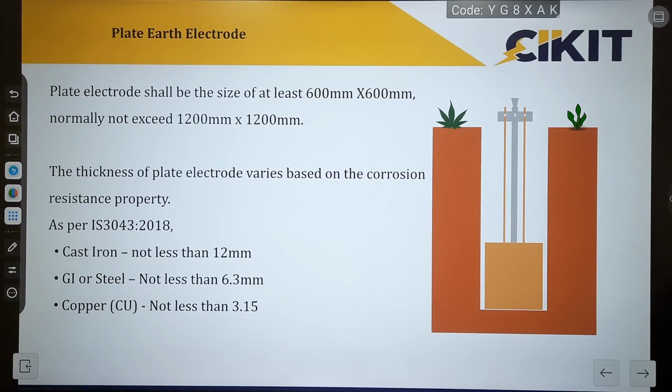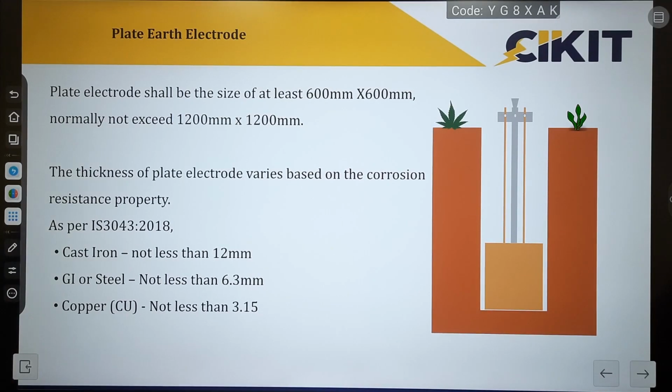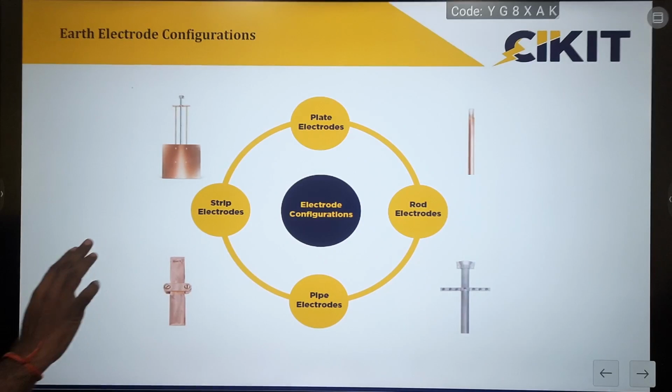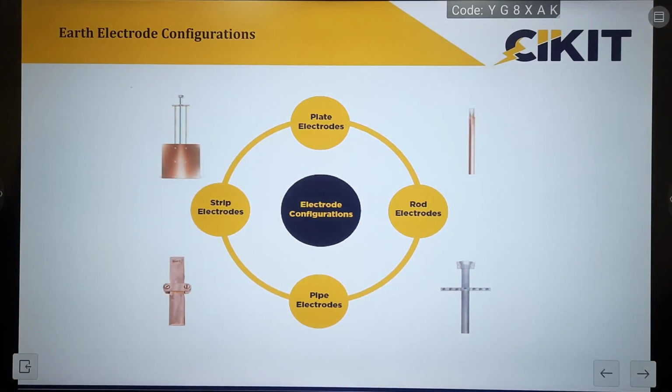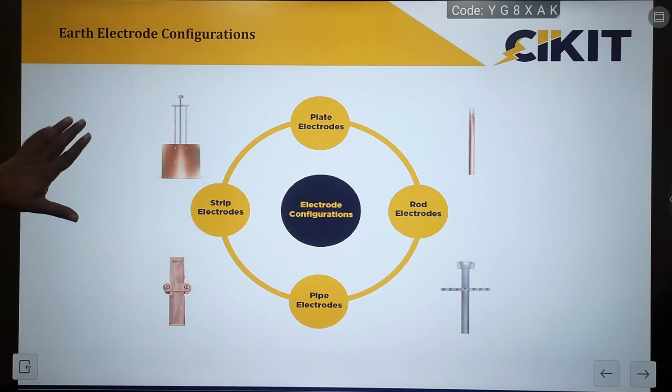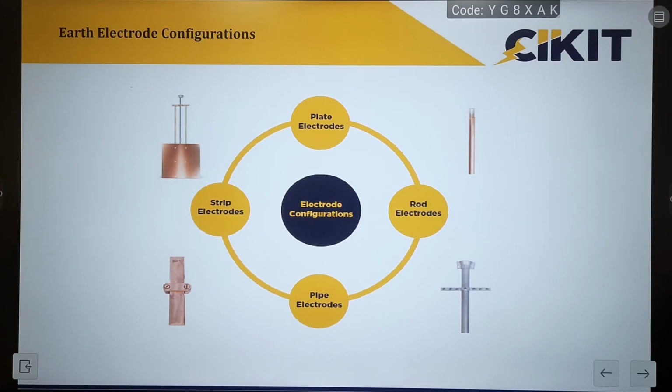Is it visible now? Okay, sir. Fine. And my previous slide was visible? This slide was visible, right? While explaining, have you seen this slide, or do I have to explain this slide once again?